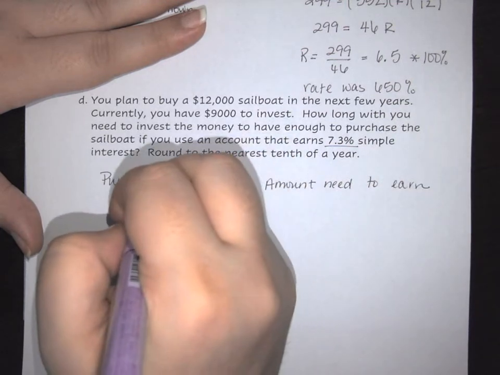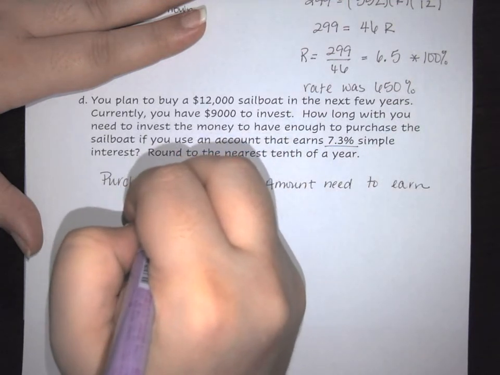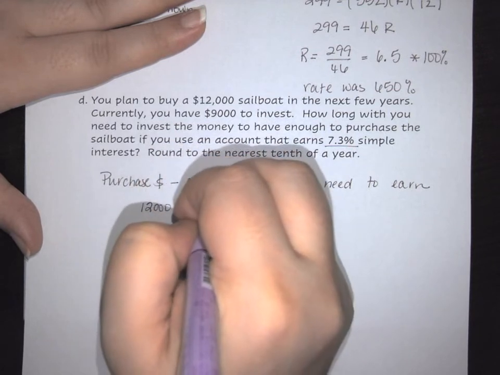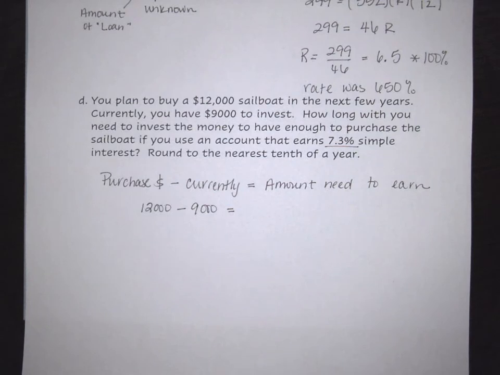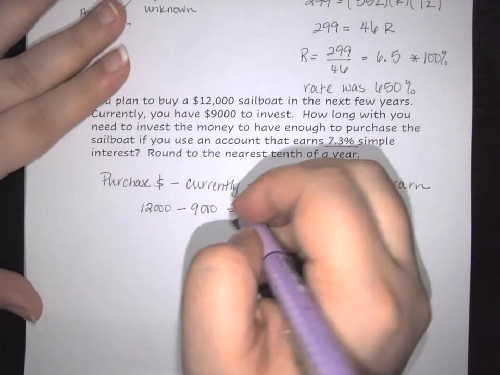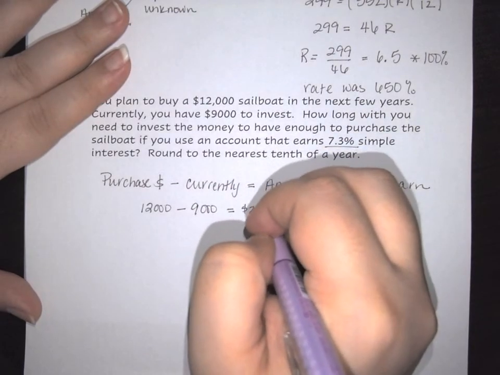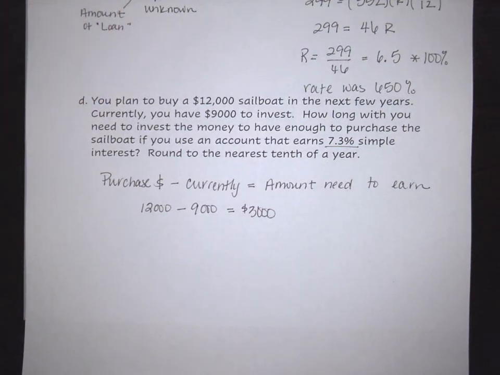So we are looking at $12,000 minus the $9,000 that we have. This means we have to be able to earn $3,000 over the course of an unknown amount of time. So what we're trying to find is the T.